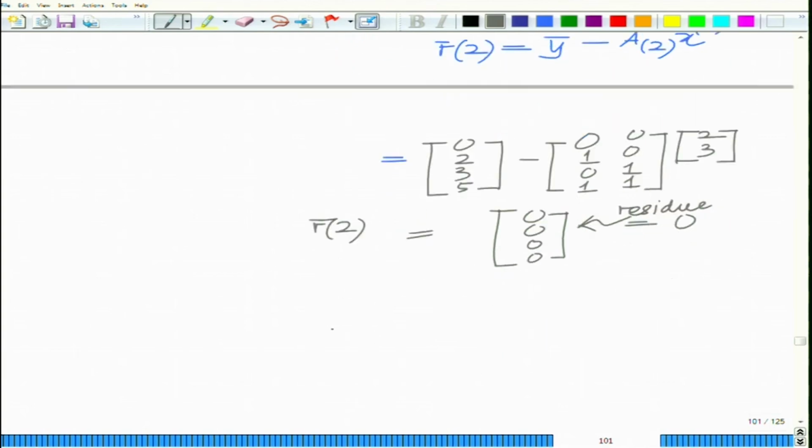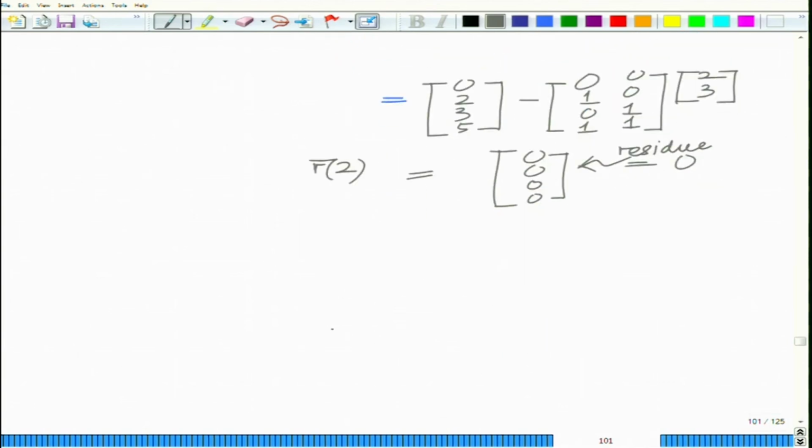So, r bar 2, the residue equals 0, which basically means that you are able to exactly approximate y bar in the second iteration, which means the basis matrix in the second iteration, comprising the columns phi 2 tilde and phi 5 tilde, is enough.